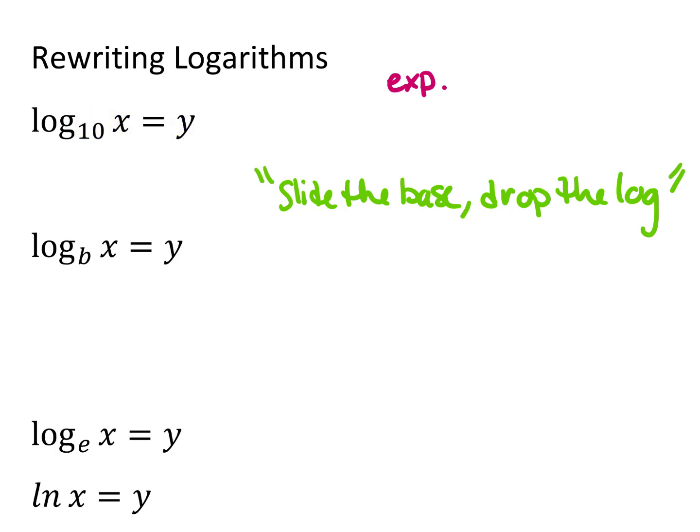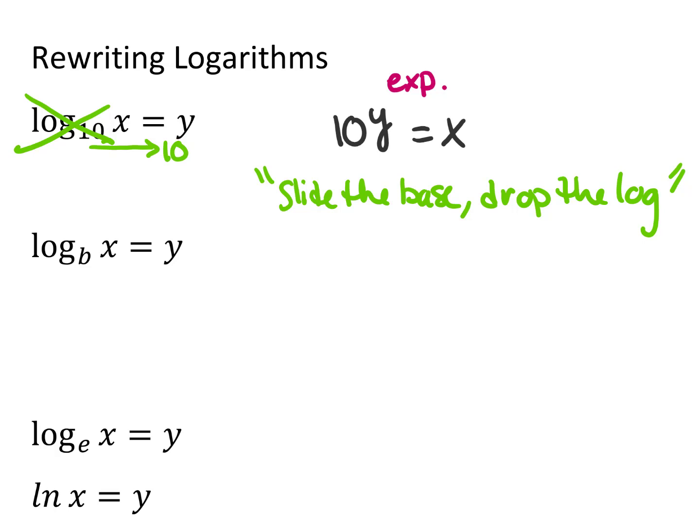If I slide the base over, it becomes the base on the right-hand side, and then if I drop the log from the original, then I'm left with 10 to the y is equal to x. So the same answer that we had when we just did the crisscross method.